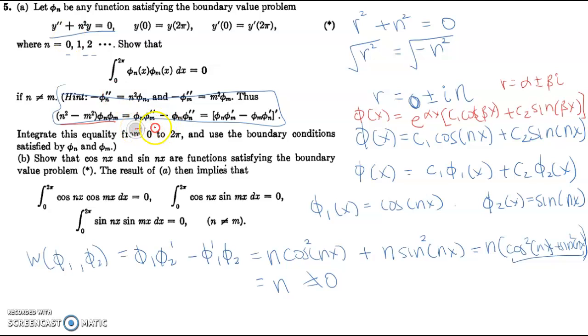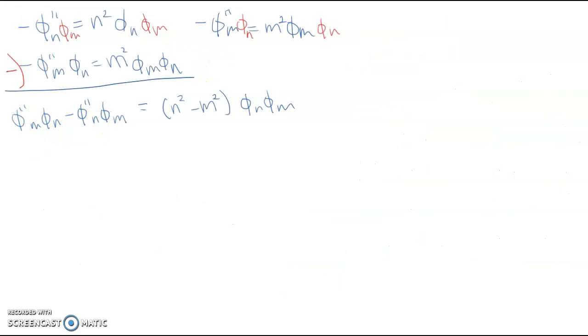I think we were able to get here, and we know that the left-hand side of our equation is the same thing as phi n phi m prime minus phi m phi n prime.